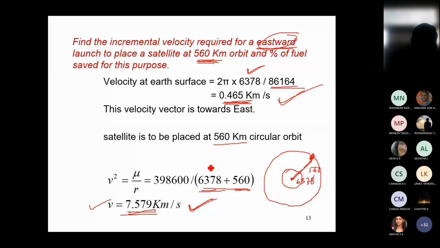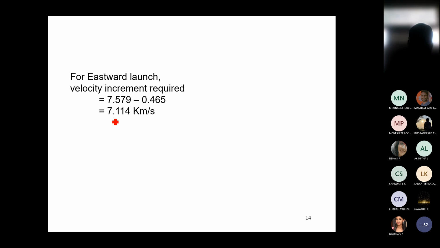I have subtracted that. So this is the velocity at which we should launch the satellite at an altitude of 560 kilometers from the surface of the Earth. We don't need the full velocity; we need the satellite to launch at this velocity, not that one. So how much have we saved? We are saving this much velocity.